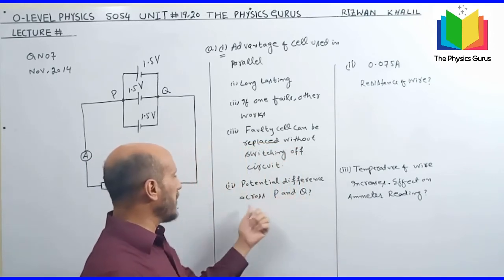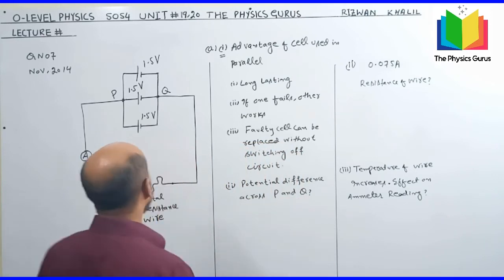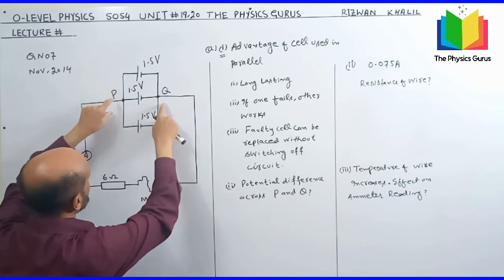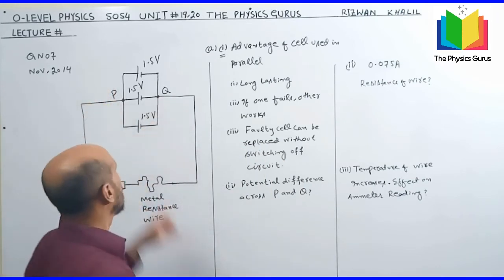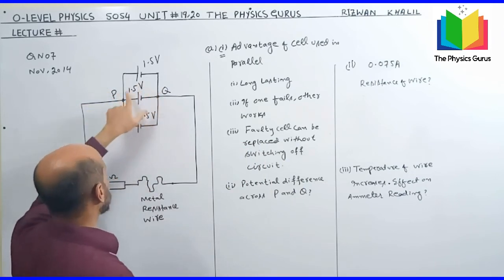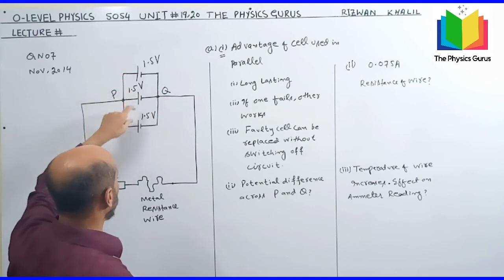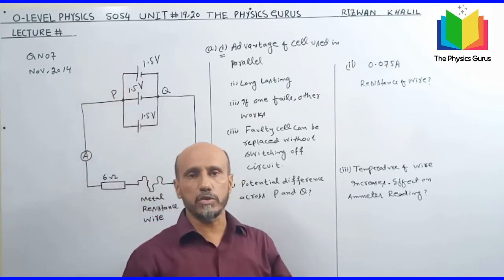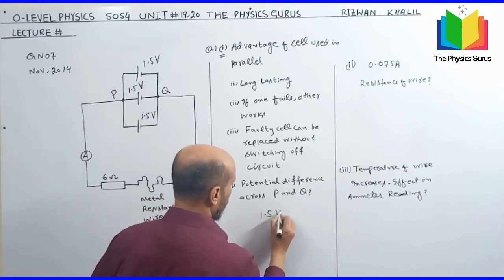Then part 2. What is the potential difference between 2 points, or across P and Q? Now P and Q are the points across the cells connected in parallel, and obviously this will be the potential difference of that cell. Each cell was of 1.5 volt, so this battery will also give a voltage of 1.5 volt.